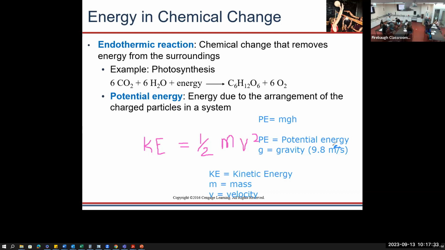That's a 2 up top, I'm sorry. There we go. M equals mass, and H equals height.